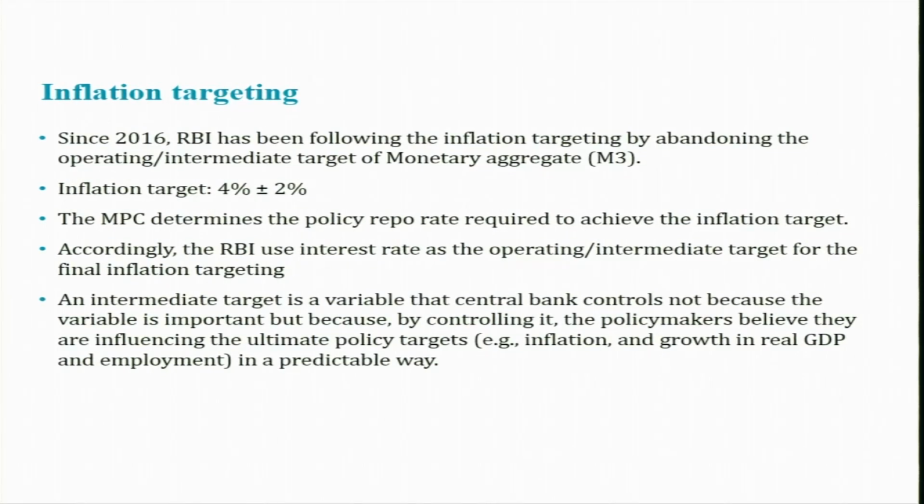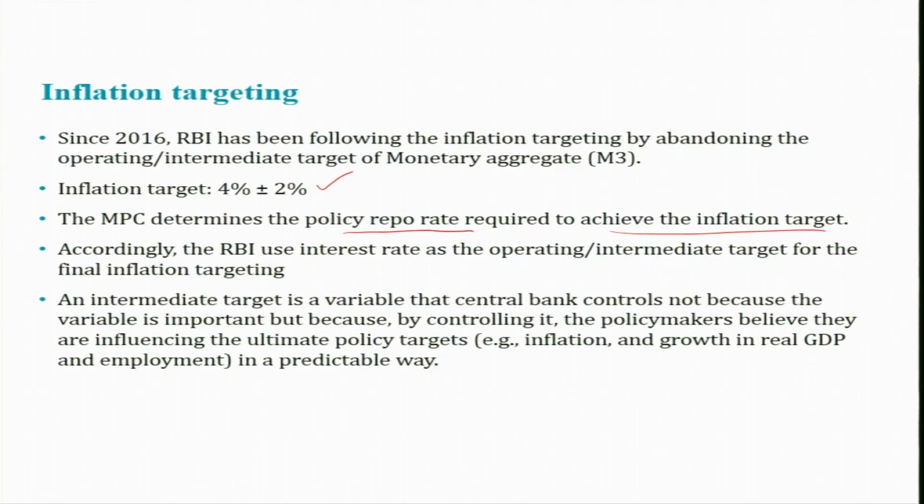As I mentioned earlier, our inflation target is 4%, with a lower and upper limit of 2%. Here the Monetary Policy Committee determines the policy repo rate, the rate at which commercial banks can borrow from the central bank by pledging collaterals, required to achieve the inflation target.